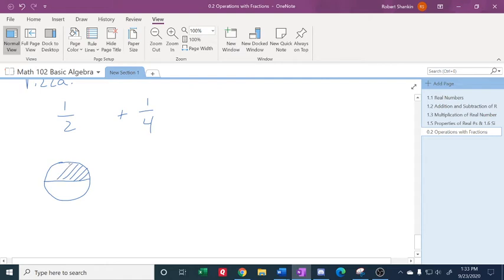Suppose we ate half of a pizza, and then we were at a party, and later on another pizza came around, and we ate 1/4 of this pizza. And we know that we have totally eaten 3/4 of a pizza.